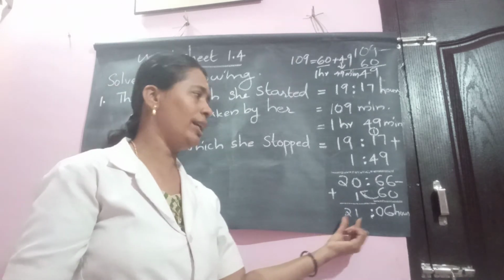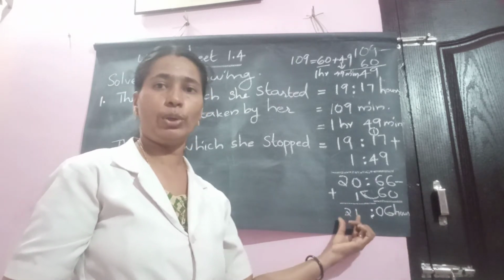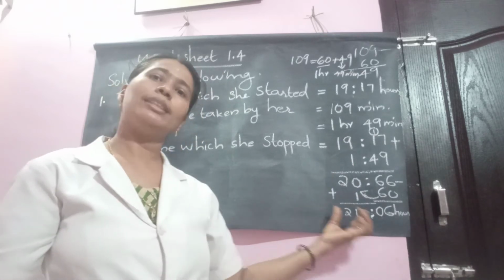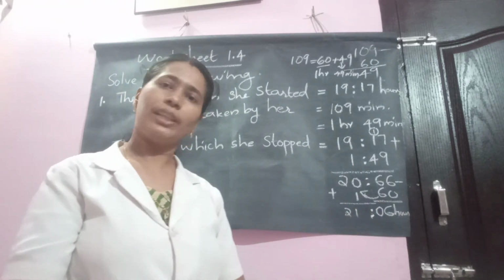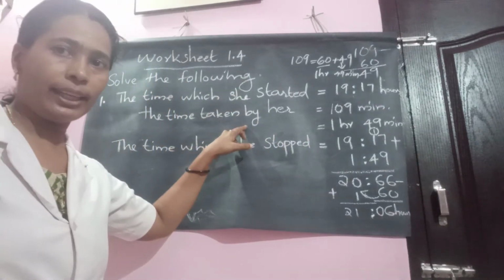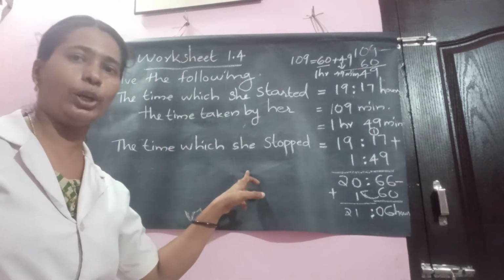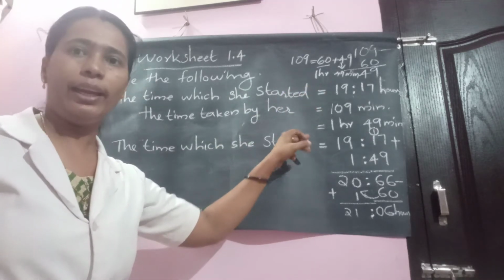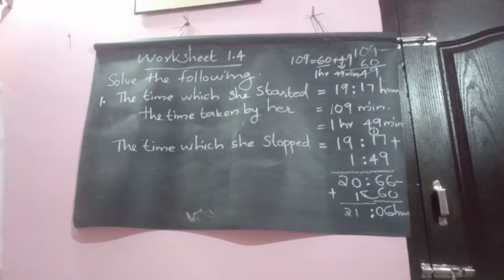So 21 hours 6 minutes. 21:06 or 21:6, both are correct. 21:06 hours. Is it clear? So starting time is given, time taken is given, so to obtain the finishing time, just add the times. Addition of time.